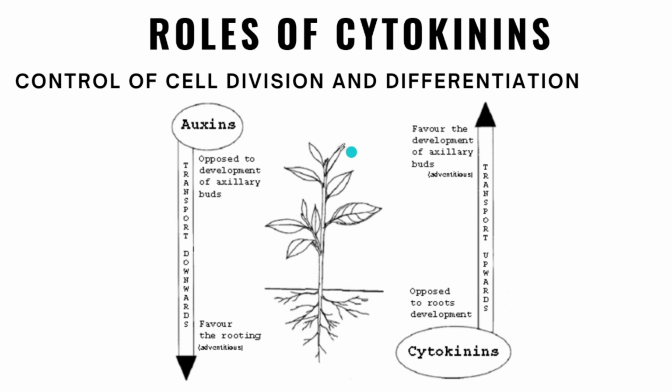Okay, so normally cytokinin promotes cell division and cell differentiation, relatively turning unspecialized cells into mature, more specialized cells.